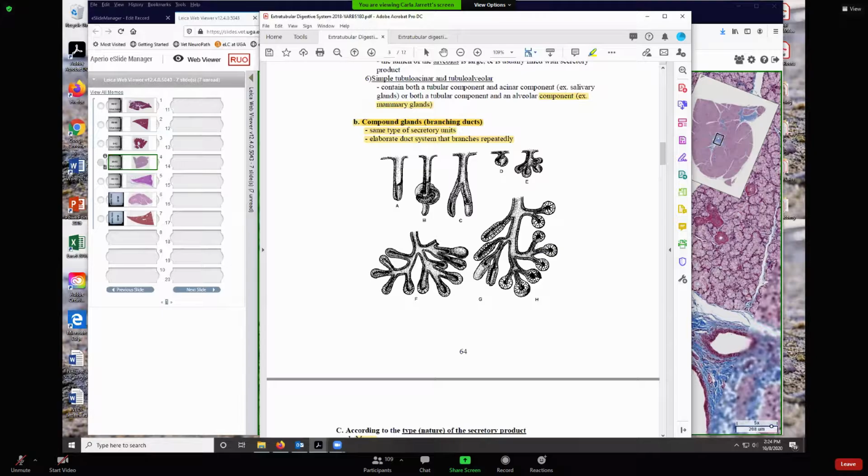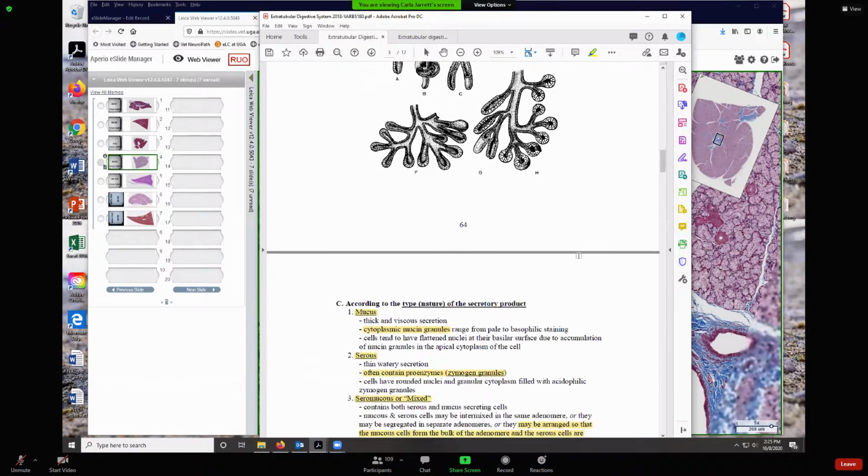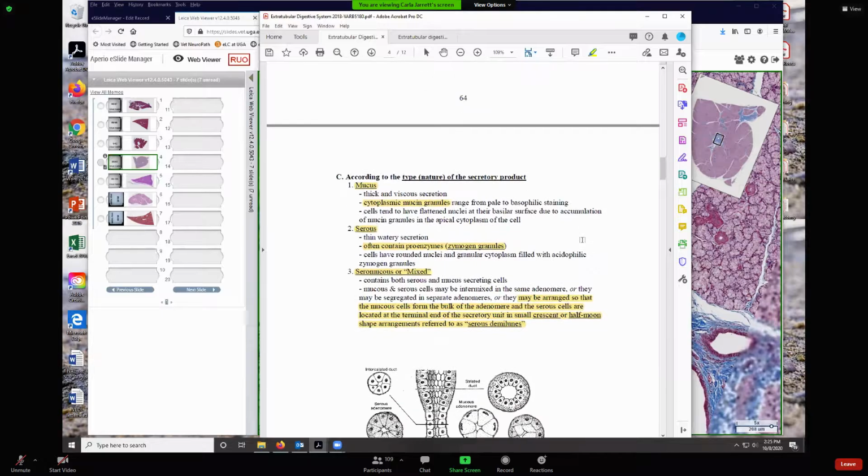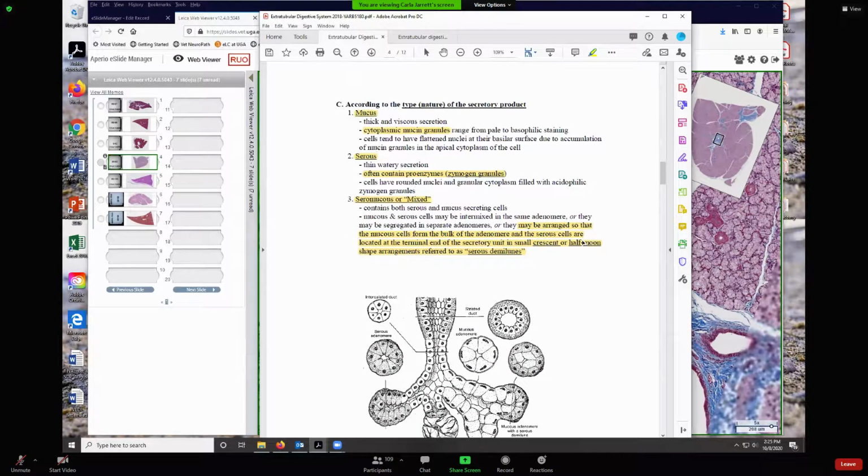So tubulo-acinar, and compound because the ducts branch. That's what all the glands that we're going to see today, as far as salivary glands and pancreas are concerned, are: compound tubulo-acinar. So compound means the ducts branch, and then the adenomere shape is tubular and acinar. Compound tubulo-acinar glands.